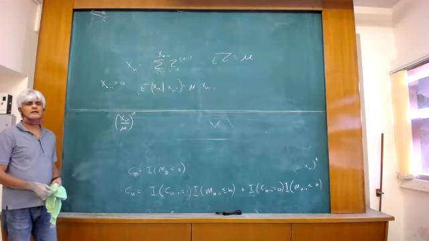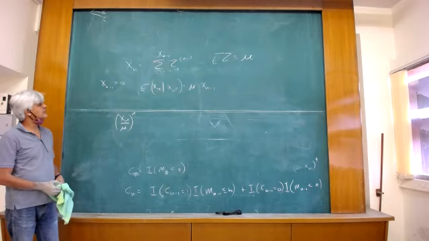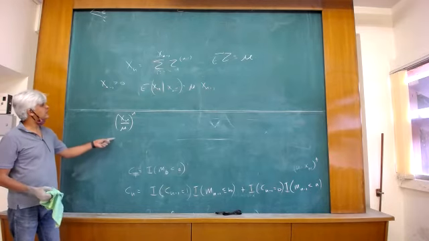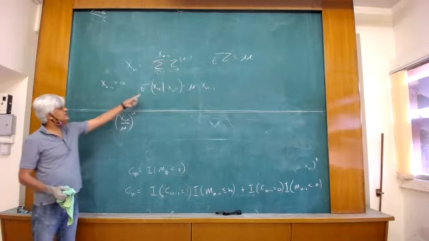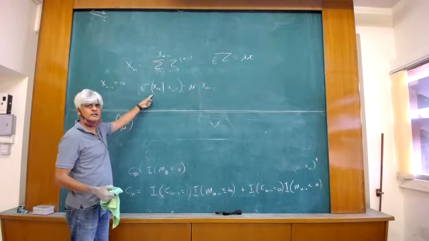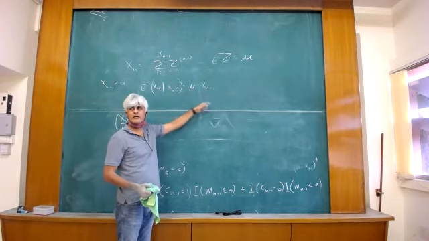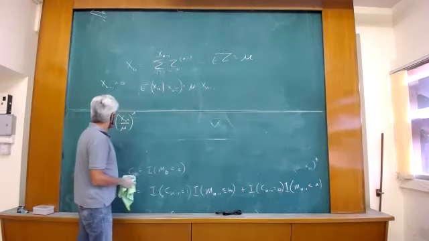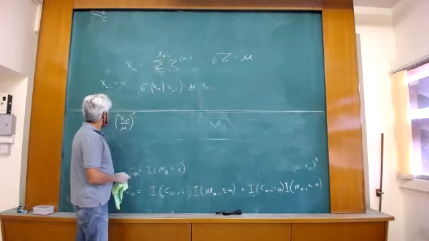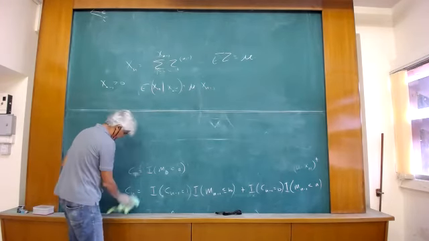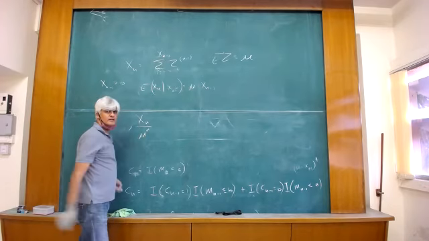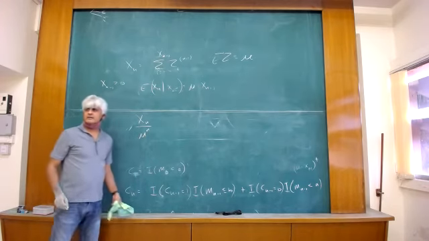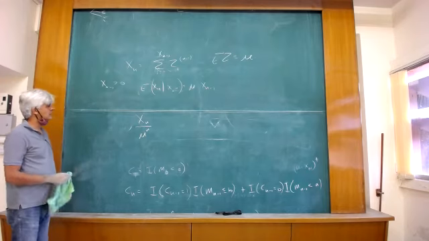If I divide Xn by mu to the power n, then I get a martingale. Not the whole power, just Xn. Oh yeah, sorry.